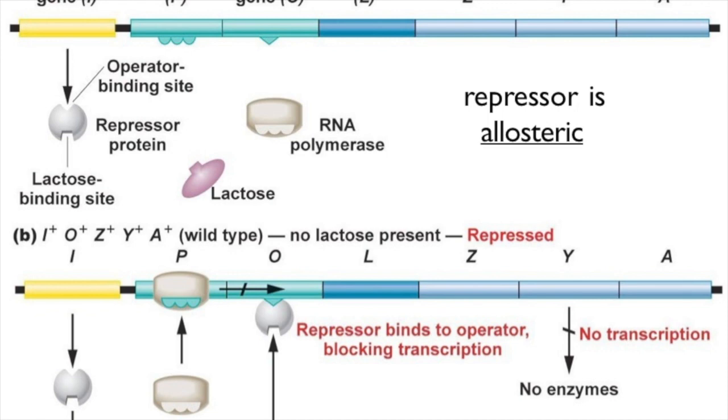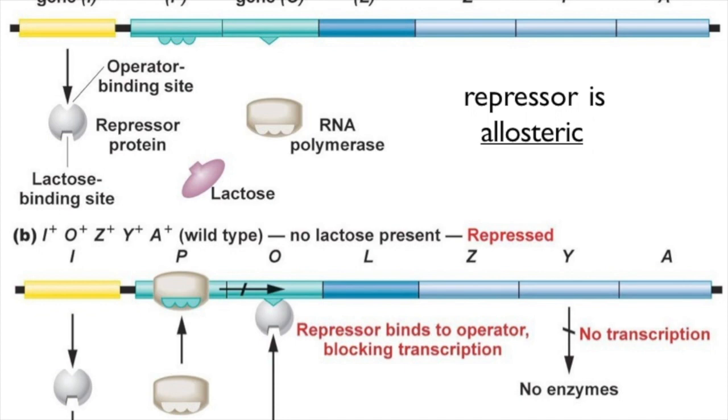Now think about why this makes sense. Do we want to make, as a bacterium, you are a bacterium, do you want to make beta-gal and permease and transacetylase? Do you want to spend a lot of energy making the stuff that allows you to break down lactose and let lactose into the cell and clean up the mess afterwards?